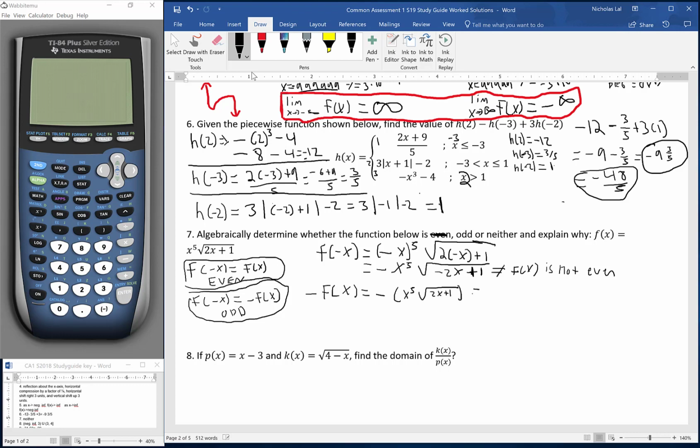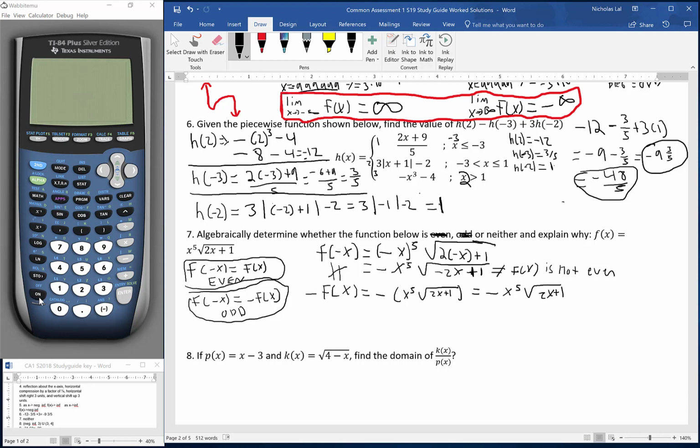And so what f of negative x equals also does not equal negative f of x. It just doesn't, because you don't have that 2 times negative x. You don't have any negative term inside the square root. So we know it's not odd, so we know it's neither.